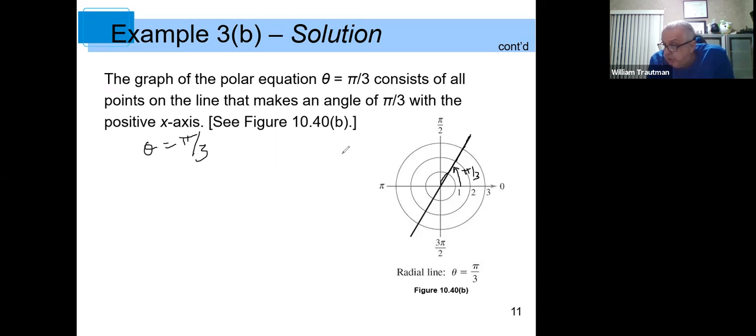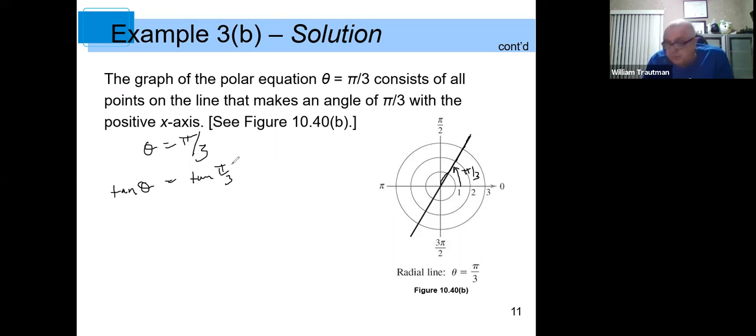And if we go to polar to rectangular or rectangular to polar, we have theta equals pi over 3. We can actually take the tangent of both sides. Tangent theta equals tangent pi over 3. So whatever you do to one side, you can do to the other.